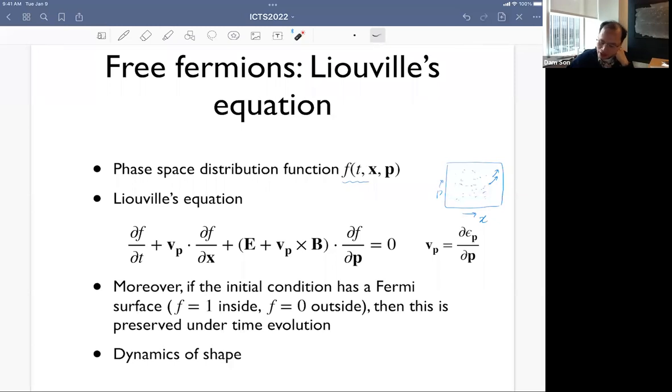Now, this equation allows one to follow, from a given initial condition, the time evolution of the system to all subsequent times.